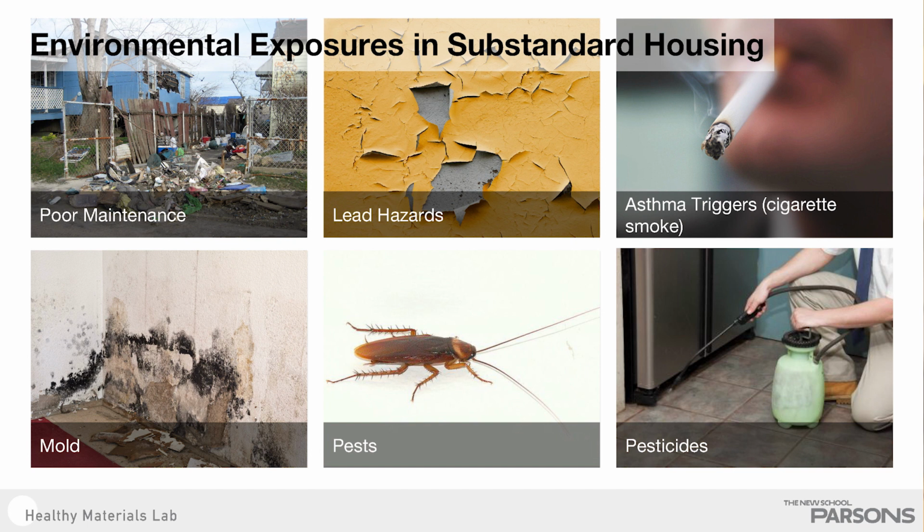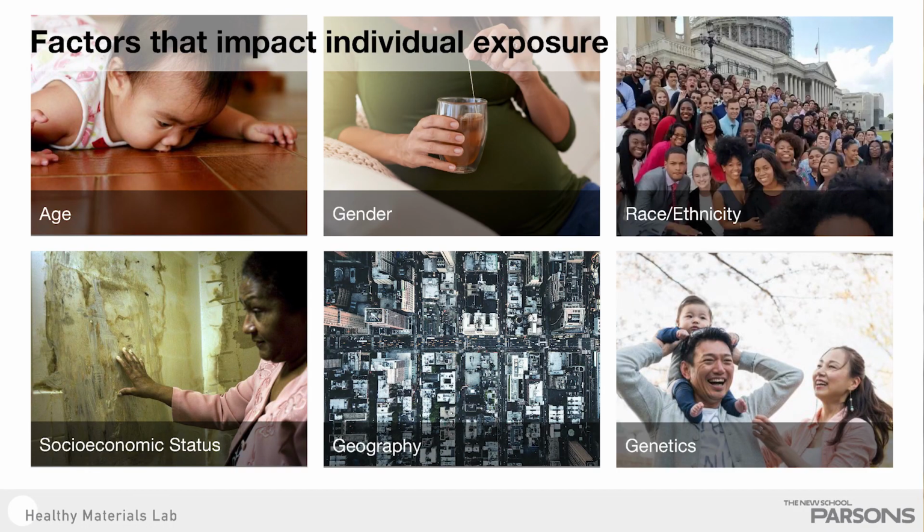For example, the ubiquitous use of pesticides indoors to manage the pest issue can all potentially provoke and exacerbate asthma in high-risk children. So when we think about individual risk, we think about a person's age, their gender, their race, ethnicity, their socioeconomic status, geography, and even individual factors like genetic factors which may predispose them to certain conditions.